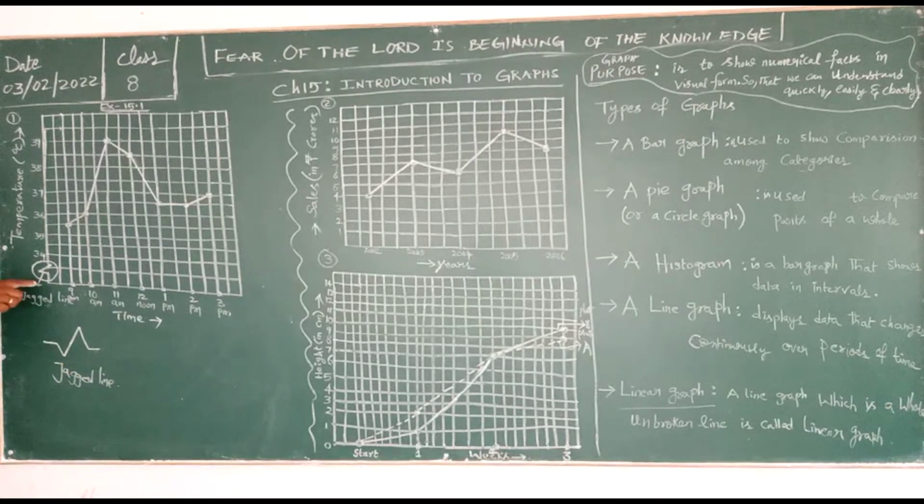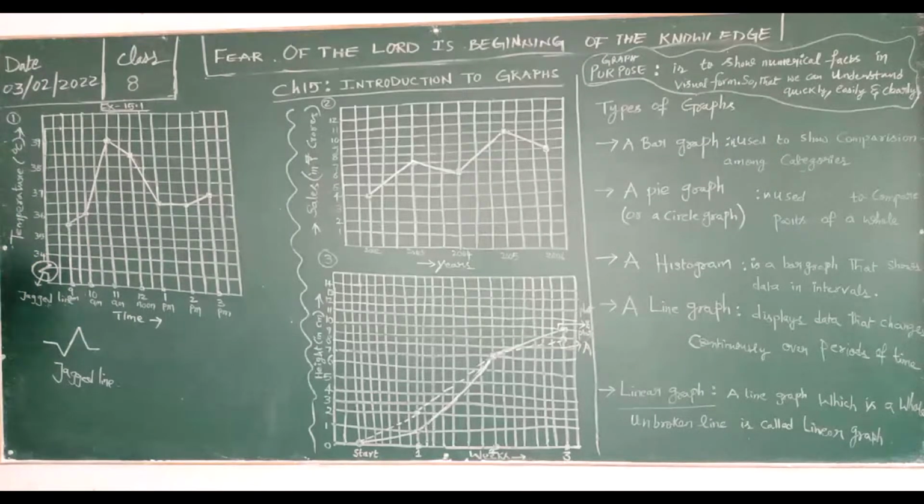For example, observe here: I did not write 0 to 34 anywhere. I directly wrote 34 here. To write in that way directly, we can use this jagged line. That line indicates 0 to 30. Remember that.